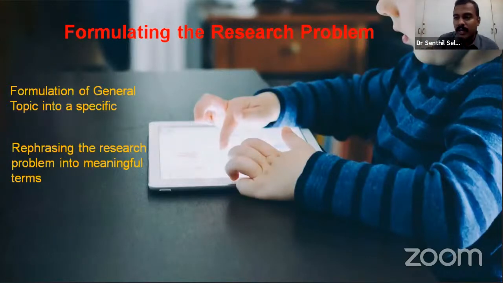So if a student is thinking of doing a project or a dissertation in his graduation, first he has to select a topic. What are the strategies by which he can work out the topic for the project?